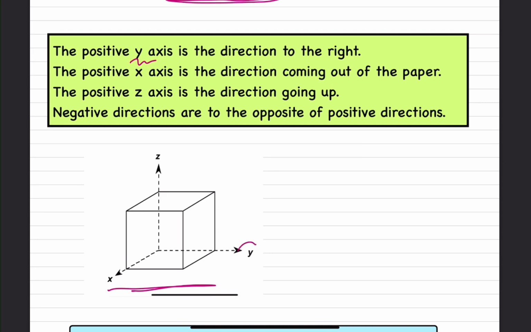So y will be to the right and the x-axis will be out of the page. If we imagine this is a paper, x will be out of the paper like here, and then the positive y-axis will be going up.